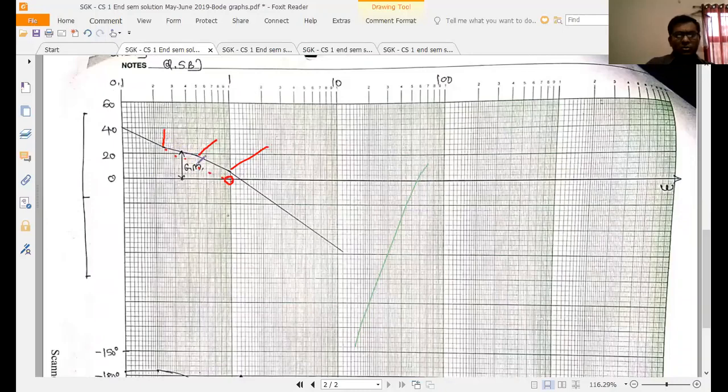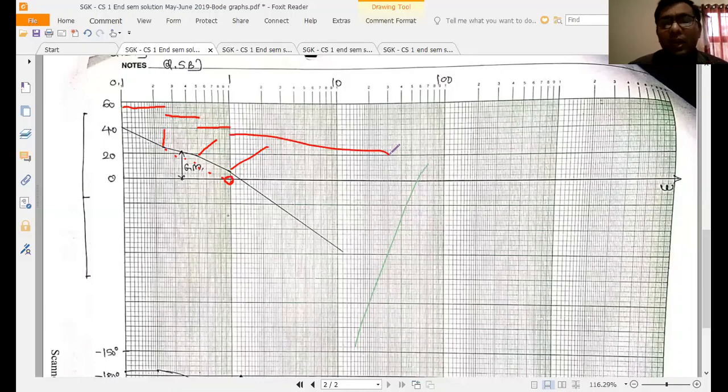If you draw a faint line in the beginning, that line will be the minus 40 dB per decade line passing through the origin. But you should not draw it completely. You should draw it only up to this first section, then the second section, then the third section, and then the last section, right?